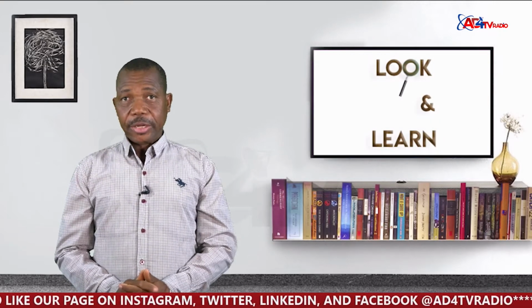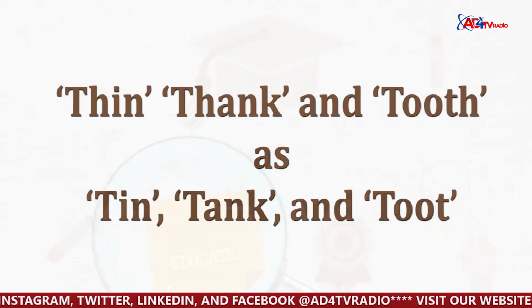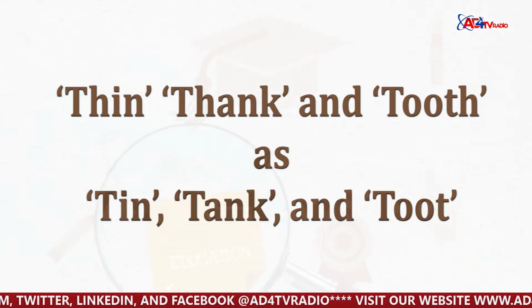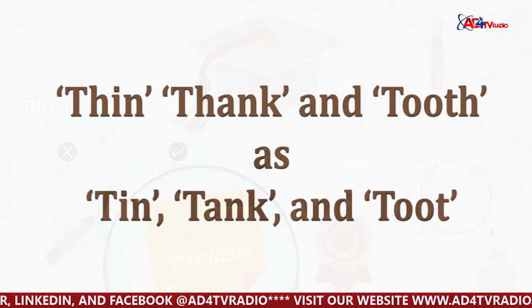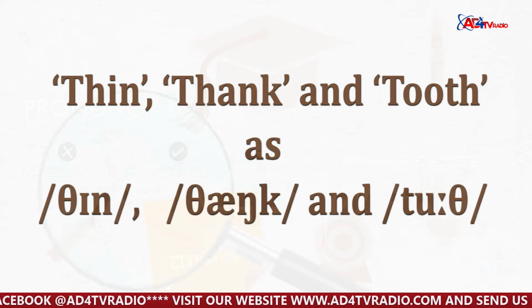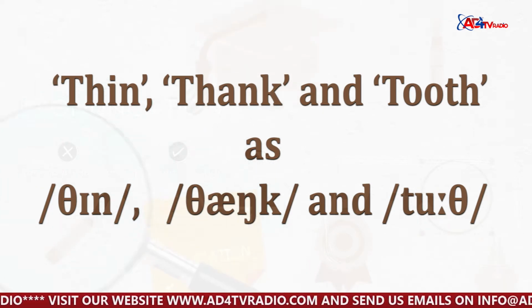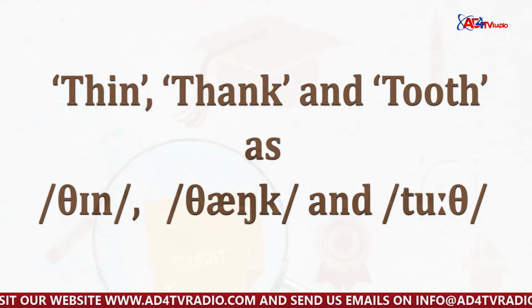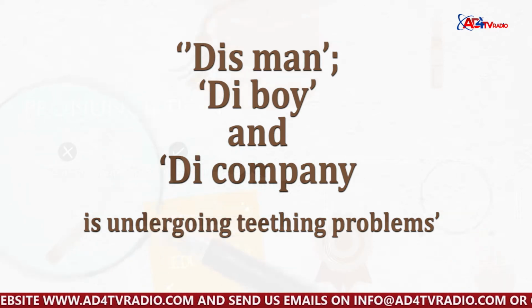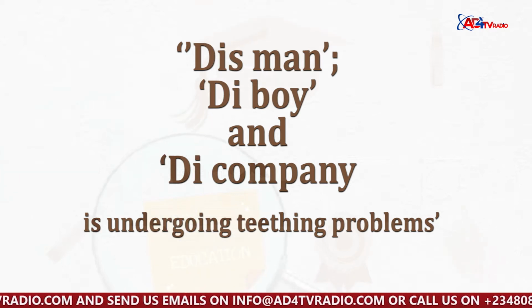That is the reason you could find a Nigerian who's learning spoken English pronouncing thing, thank, and tooth as tin, tank, and toot instead of the correct thing, thank, and tooth. Similarly, you hear incorrect forms such as this man, the boy, and the company is undergoing teething problems.